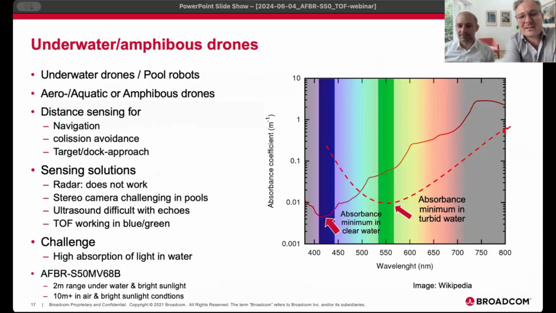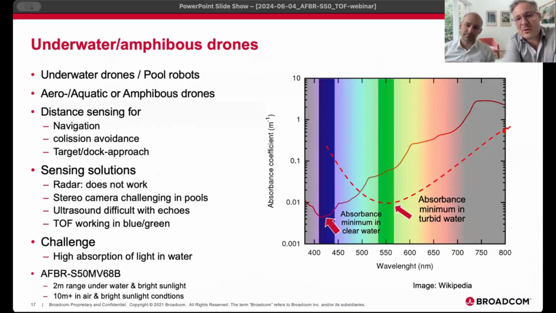The drawback is that in water, the absorption coefficient is extremely high for IR light, so you're not able to see more than probably 20-30 centimeters in water, and that's probably what most people would consider a not usable sensor with such a maximum distance.